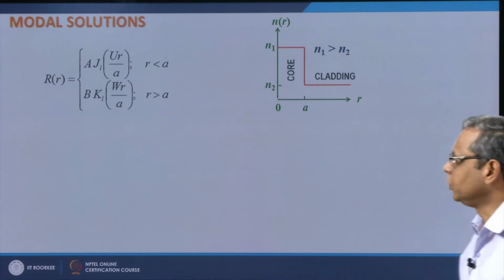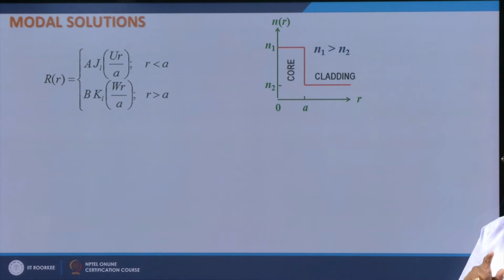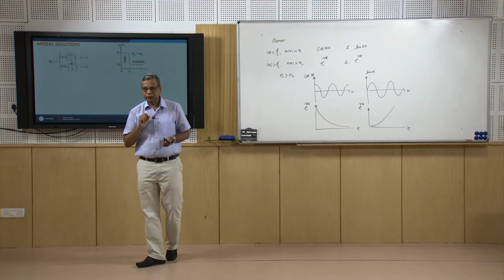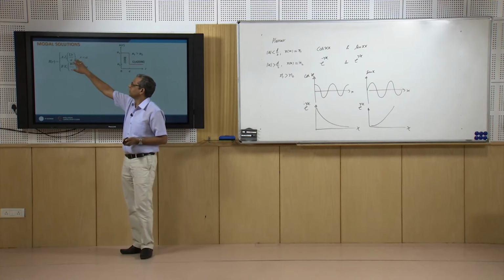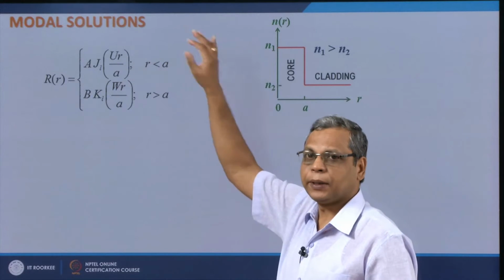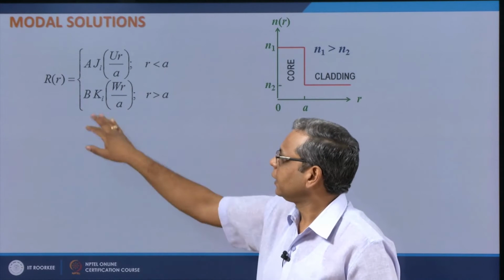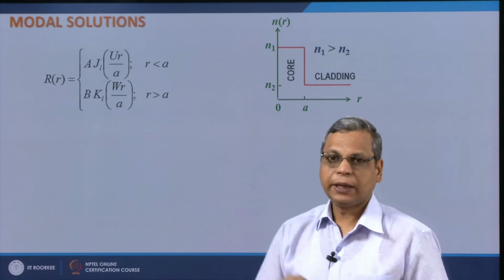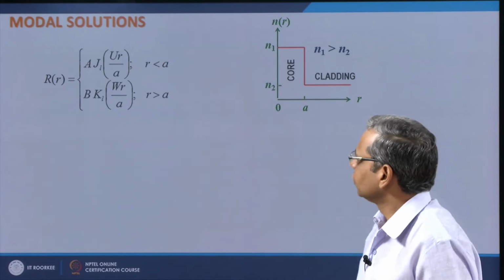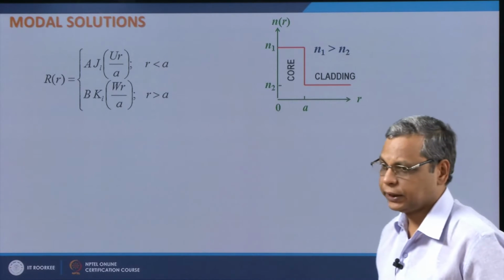So, these are the solutions. Just like in case of planar waveguide, in the high index region I had A cosine kappa x plus B sine kappa x, and here I had C e to the power minus gamma x. So, similar are the solutions here also.